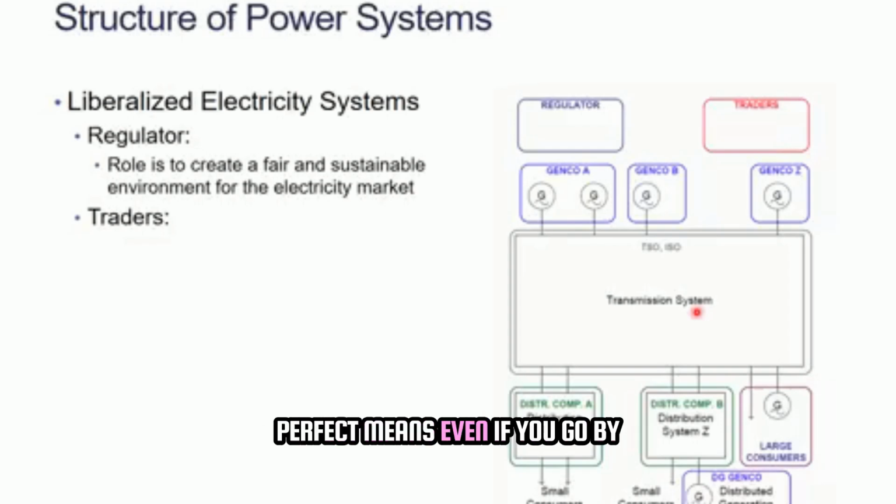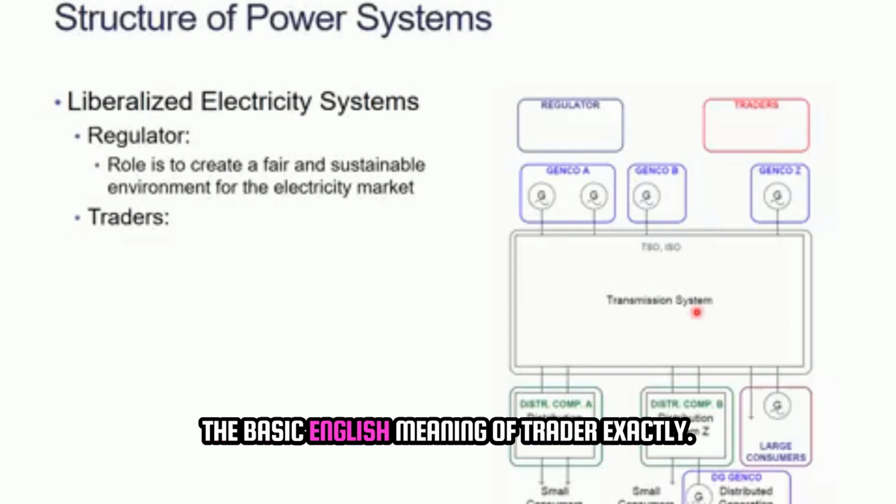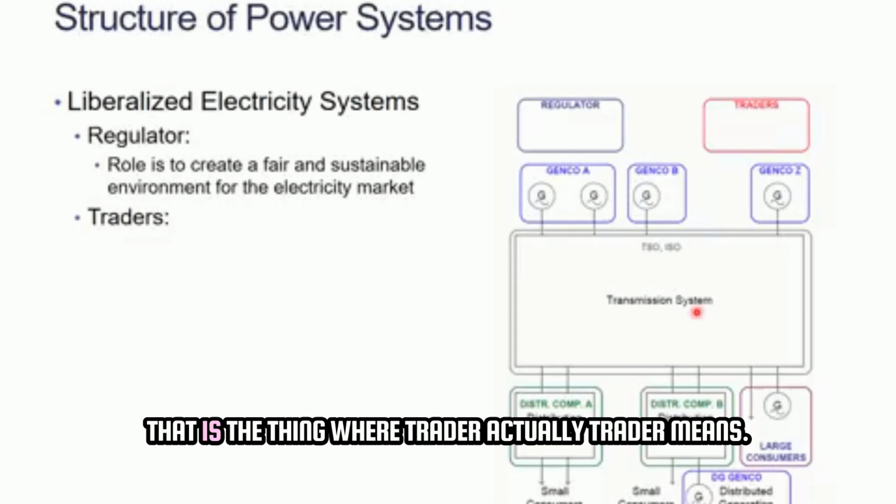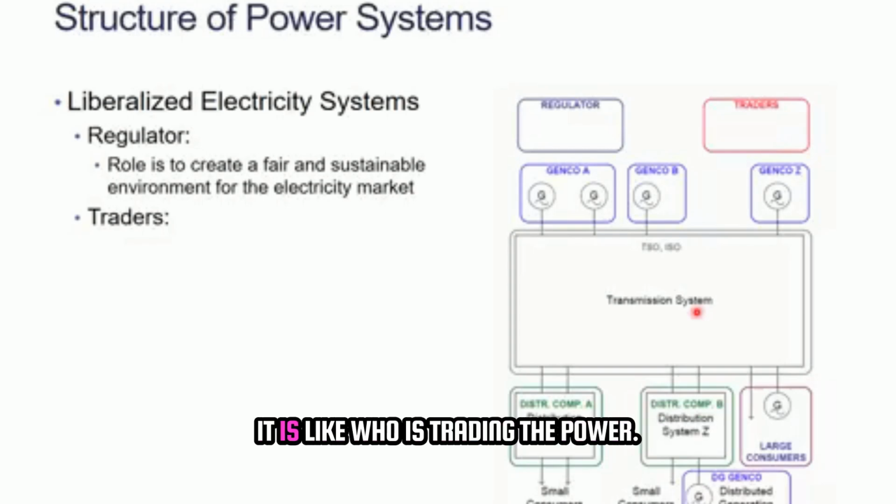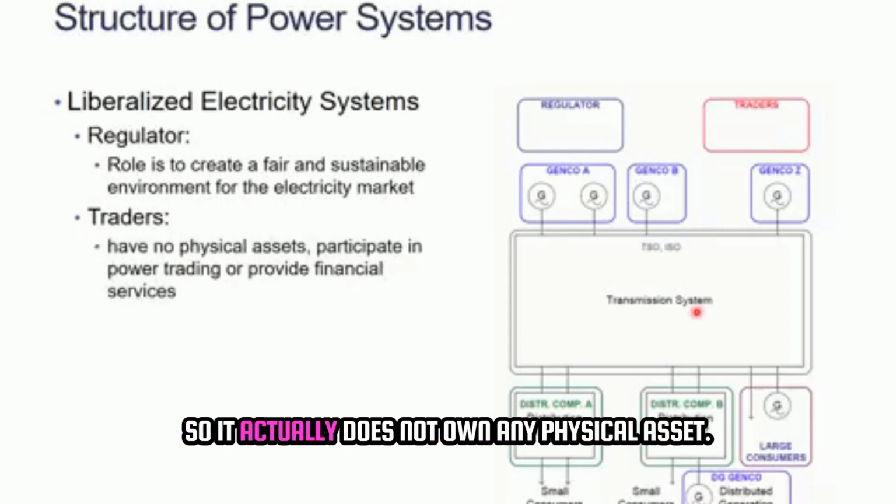Perfect. Even if you go by the basic English meaning of trader, exactly that is the thing. A trader is who is trading the power, because we have only one commodity or one product, which is power. It is buying and selling, or rather you can say it is providing a platform to do buying and selling. So it actually does not own any physical asset.